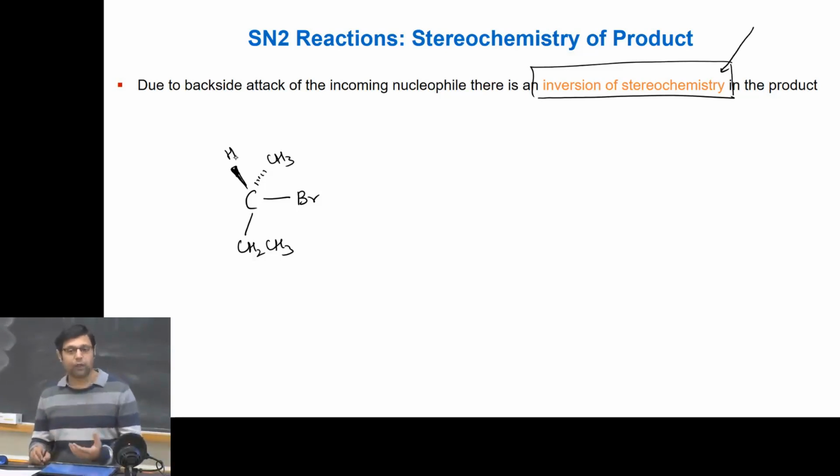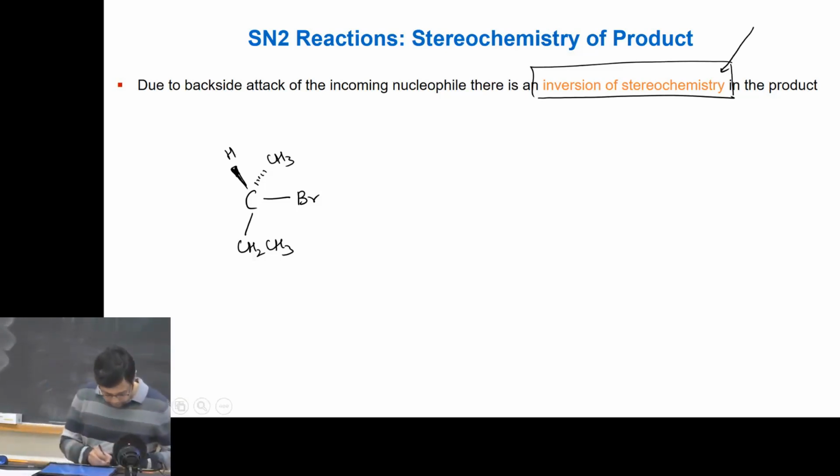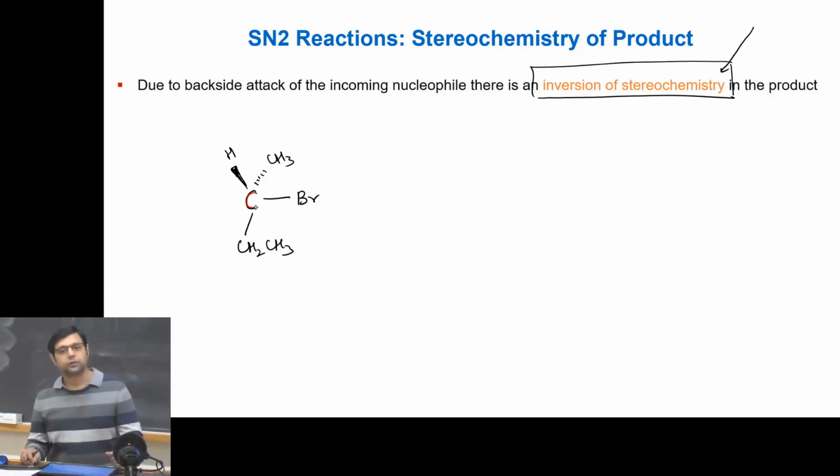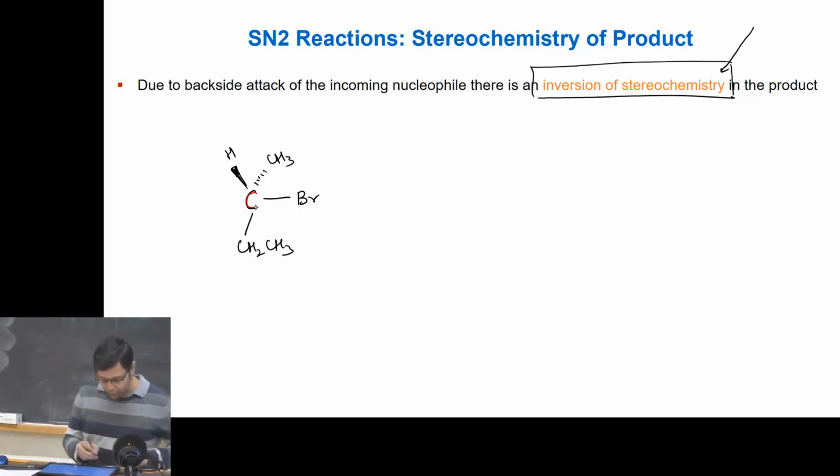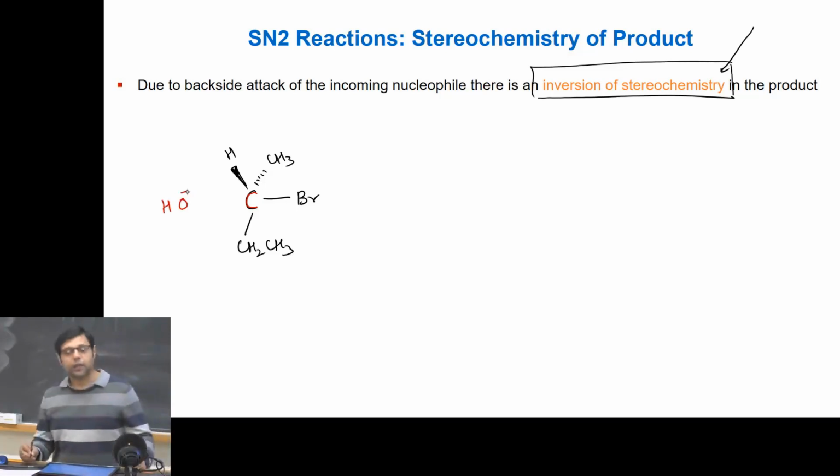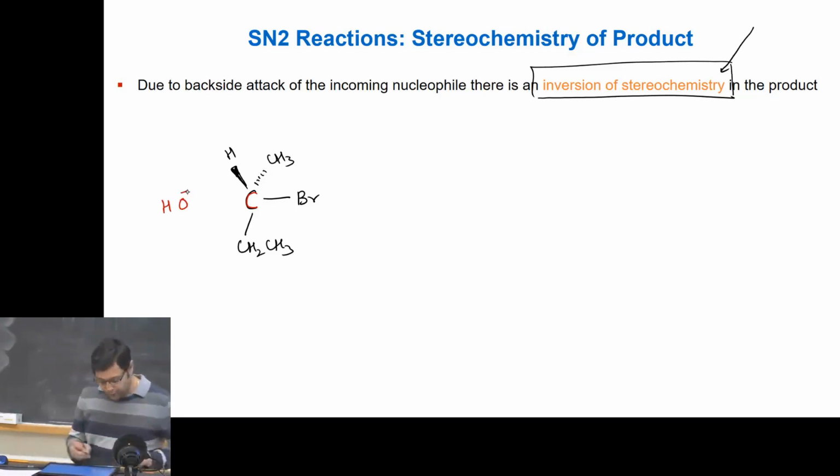As you can see, this molecule has a chiral carbon. This is the chiral carbon. For the reaction to happen by SN2, you should have the nucleophile approaching from the opposite side, from the back side. So let's say the nucleophile comes from here. In that process, bromine is going to leave.